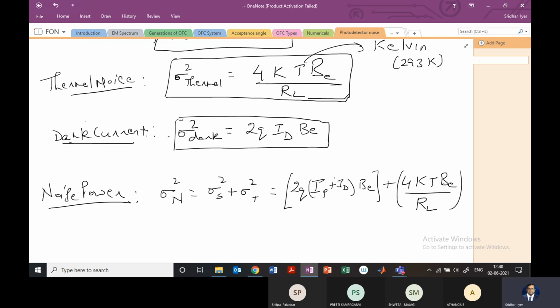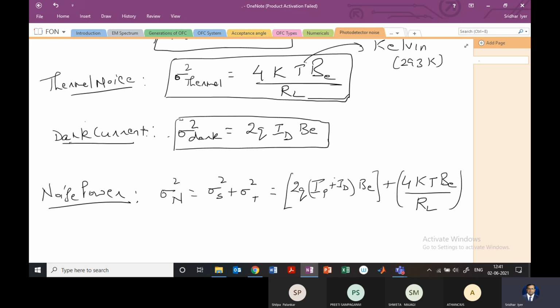So let's look at one of the problems. I'll take a problem from the book itself, so let me open the book. John Senior has many numericals which we could solve, so we'll be able to understand how exactly to calculate the signal to noise ratio and how to calculate the noise variances.